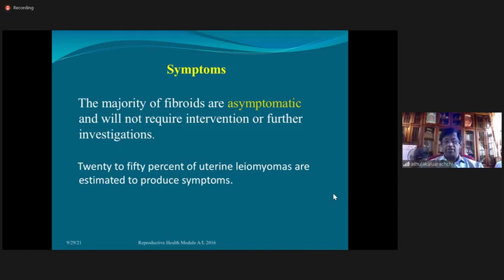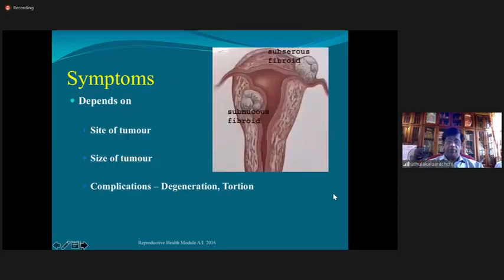Because if it doesn't produce any symptoms, and it is not a malignant tumor, you may not need to do any active treatment. If they tend to produce symptoms, the symptoms that a woman might have will depend on where the fibroid is.